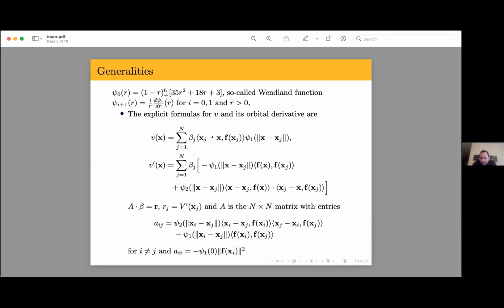It means that to construct a complete Lyapunov function, we need two grids. One is the evaluation grid x, and the other one, xj, is the collocation grid, as I said, usually hexagonal. Now, beta is the solution of the collocation method. That means we take the collocation method, we construct the collocation matrix, and then we give the condition that, as I said, is going to be -1. So beta is the solution of that matrix equation.